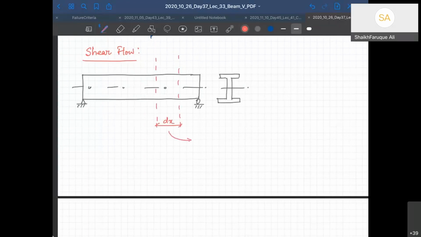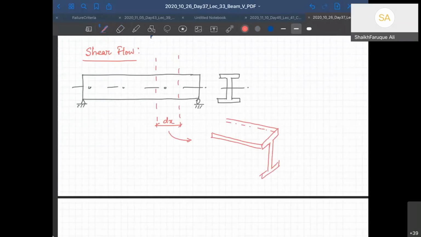So let's say we draw that I section. All right, I have to make a small opening here and then draw something like this. Same thing should be here.